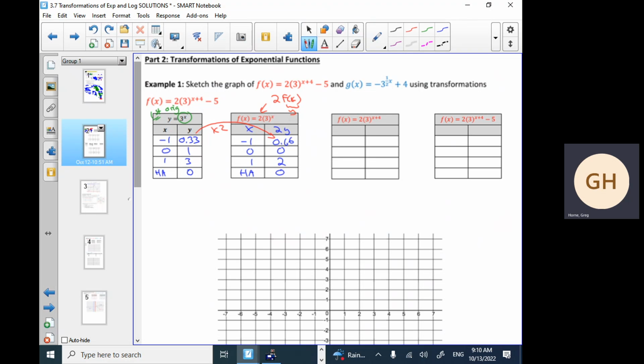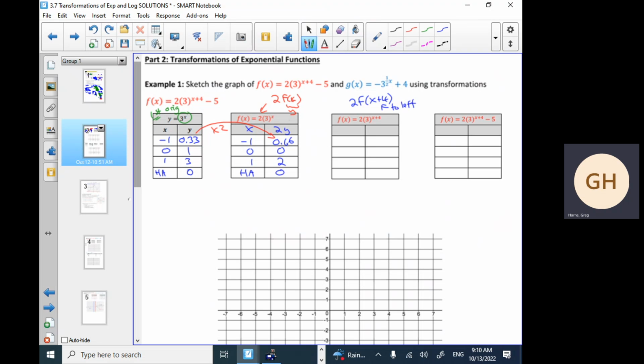And then moving on to the next one, you can see we're doing the horizontal shift stuff. So I'll put the original there, the transformation we did first, but it's x plus 4. And so you should be saying, okay, I know that's to the left.